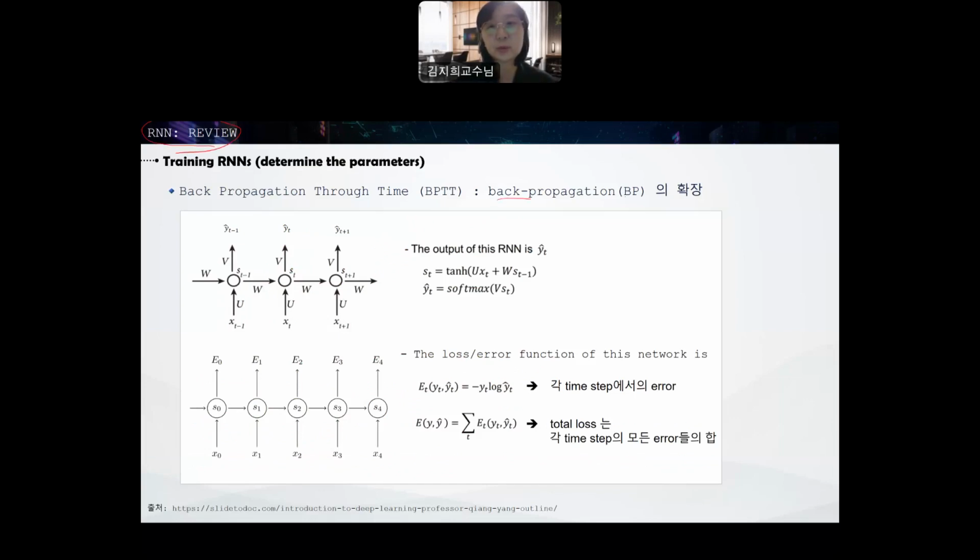It's basically an extension of backpropagation, and it's called backpropagation through time. Looking at the RNN again, our output is given from the input, and then the previous state will create the current hidden state. And from the current hidden state, there's a weight matrix V, and here weight matrices W and U, and we get the output from this hidden state.